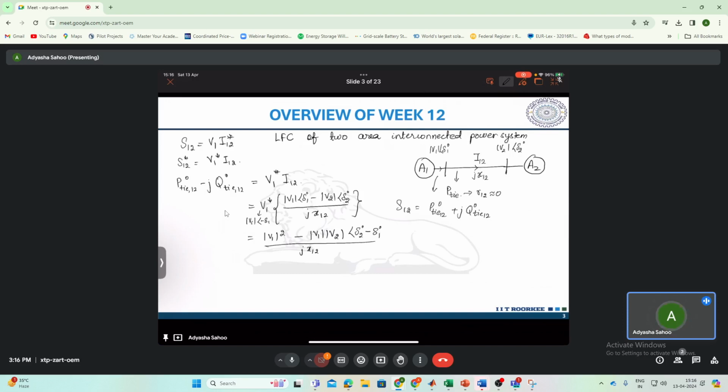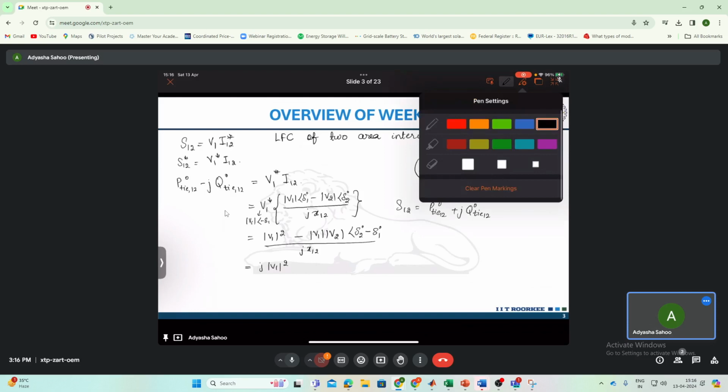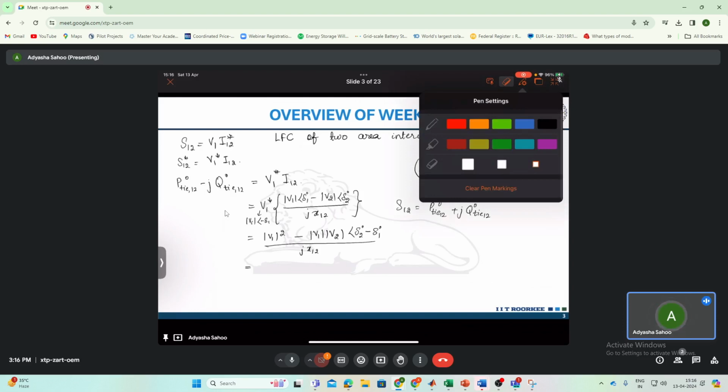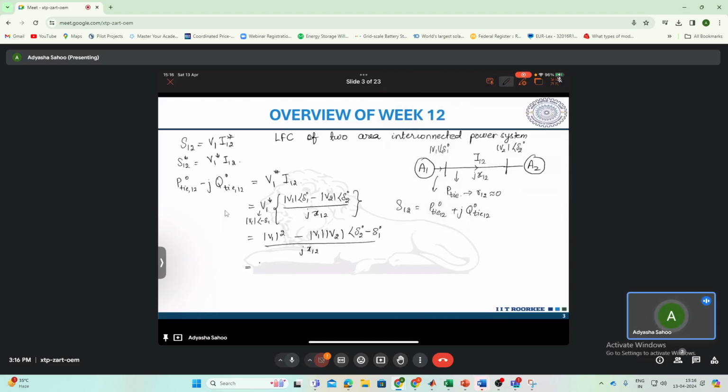Now let us multiply j in the numerator and denominator, so you will be getting j V1 squared. But before that, let us split this angle, because this will also have real and reactive parts. So before multiplying, let me first expand this angle part.